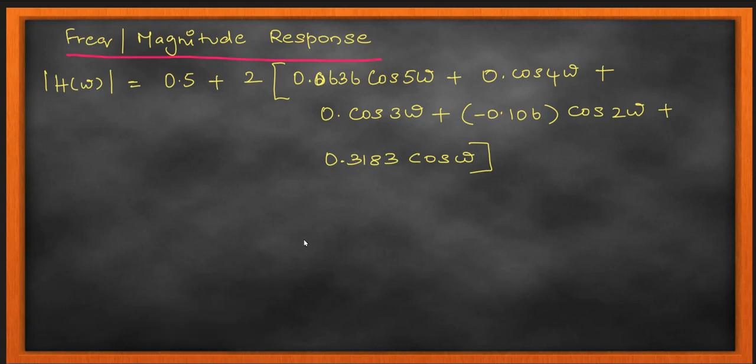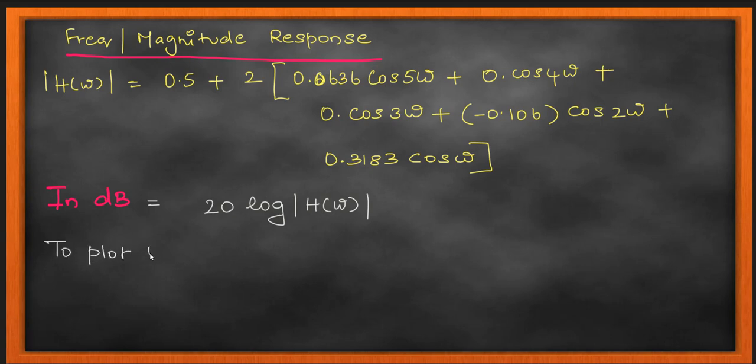All right, so let us do that. If I want this in dB, I just take 20 log 10, logarithm to the base 10, of H of omega, and that should give you the dB graph.